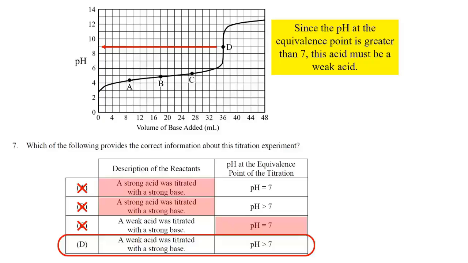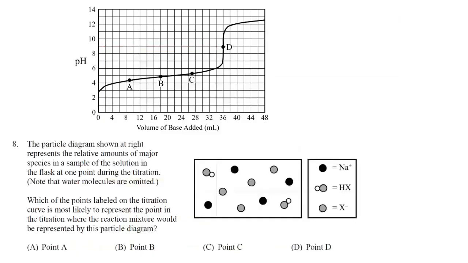Now, same diagram that we're going to use to answer question 8. In question 8, we are given a particle diagram. It says, the particle diagram shown at right represents the relative amounts of major species in a sample of the solution in the flask at one point during the titration.